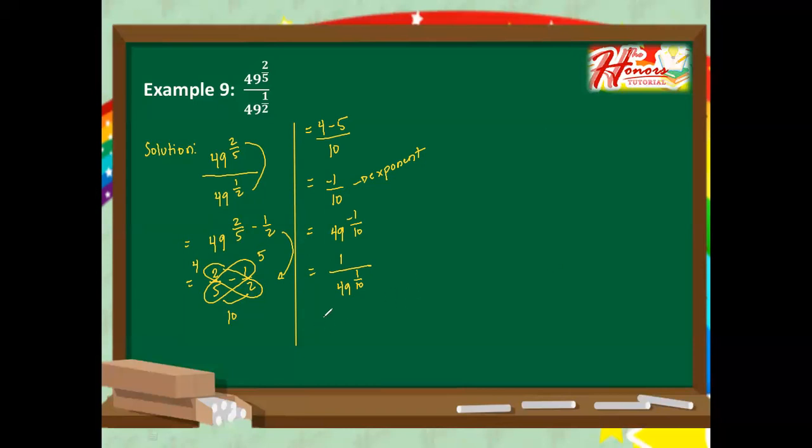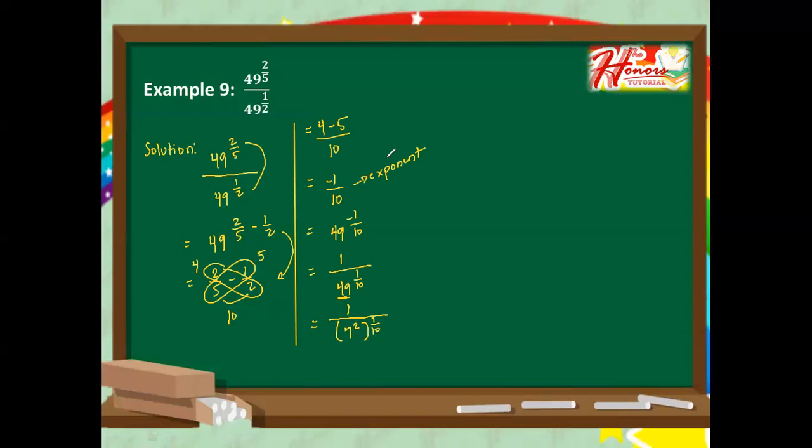Then it will become 1 over, let's change this into exponential form. So it will become 7 raised to 2 raised to 1 over 10.